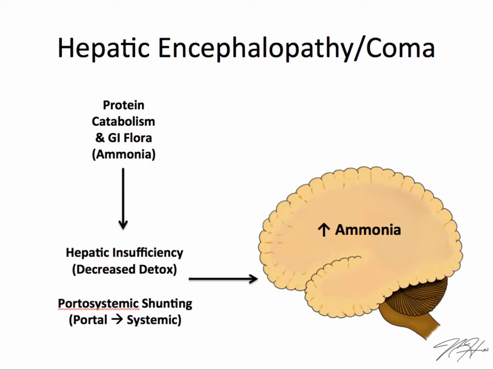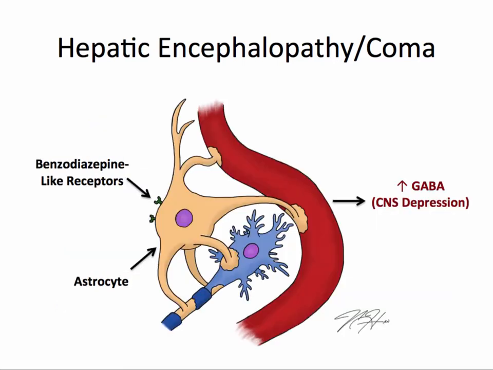Because of hepatic insufficiency, as well as portosystemic shunting, protein catabolism and GI flora, which produce ammonia, is built up in the blood and therefore builds up in the brain. Once in the brain, ammonia binds to benzodiazepine-like receptors on astrocytes.